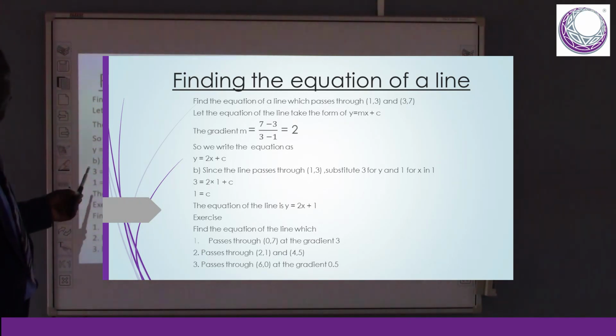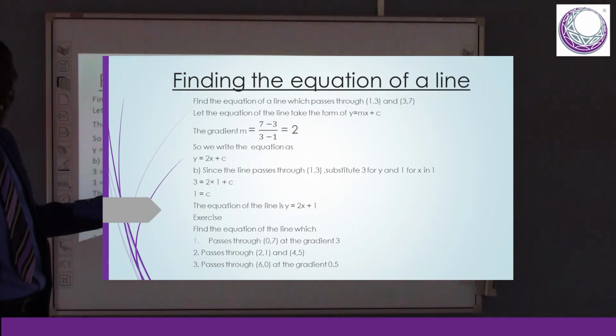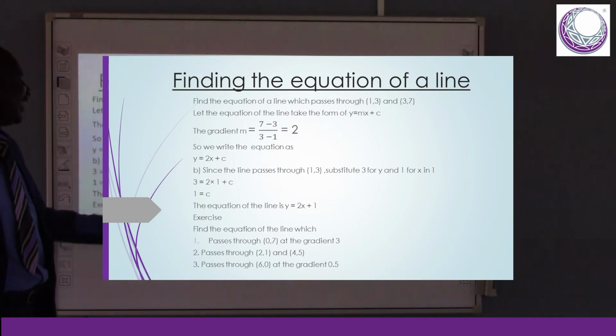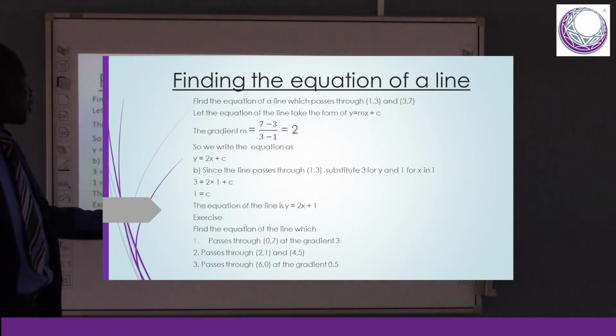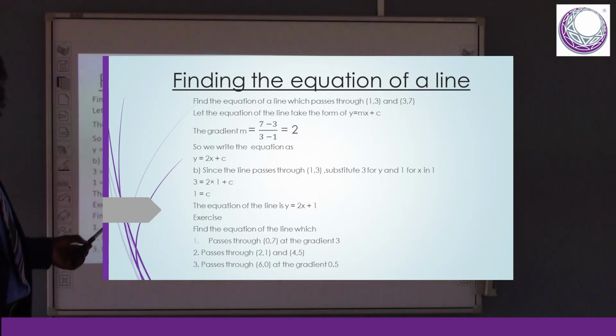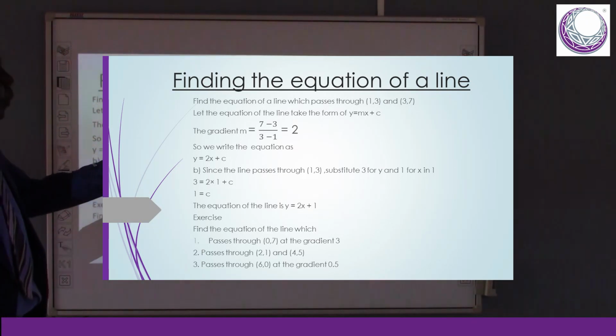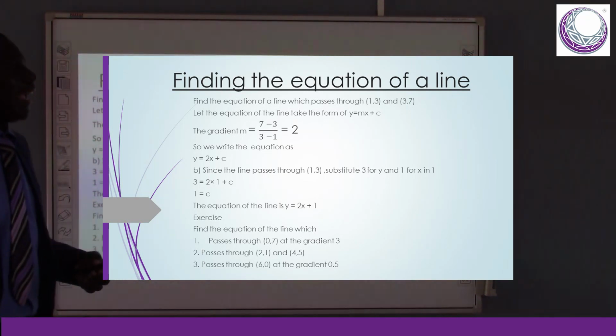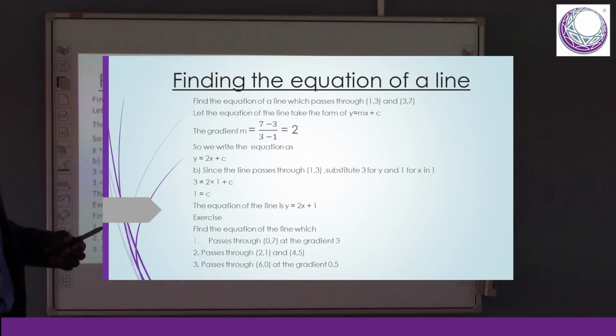And now that I've got the value of m and the value of c, I can simply say the equation of my line is y is equal to 2x plus 1. So when given 2 points, I'll be able to find the equation of the line and put it in the form y is equal to mx plus c.